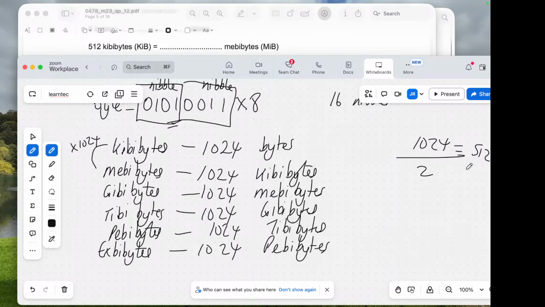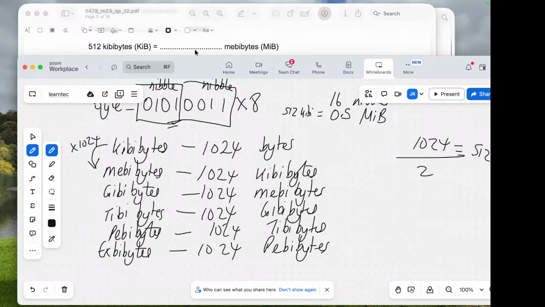So that basically means that in mebibytes, 512 kibibytes is half a mebibyte. So 0.5. So the second answer is 0.5 mebibytes. So 512 kibi is 0.5 mebi, because it's half of that step up, if you see what I mean.